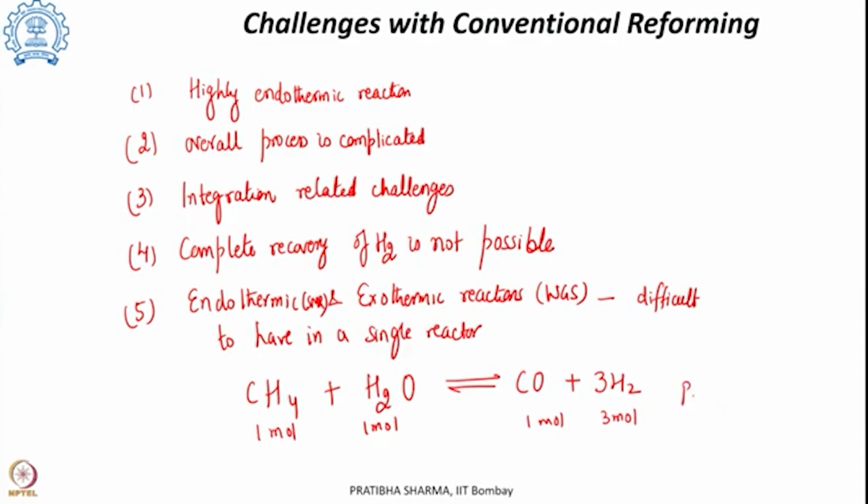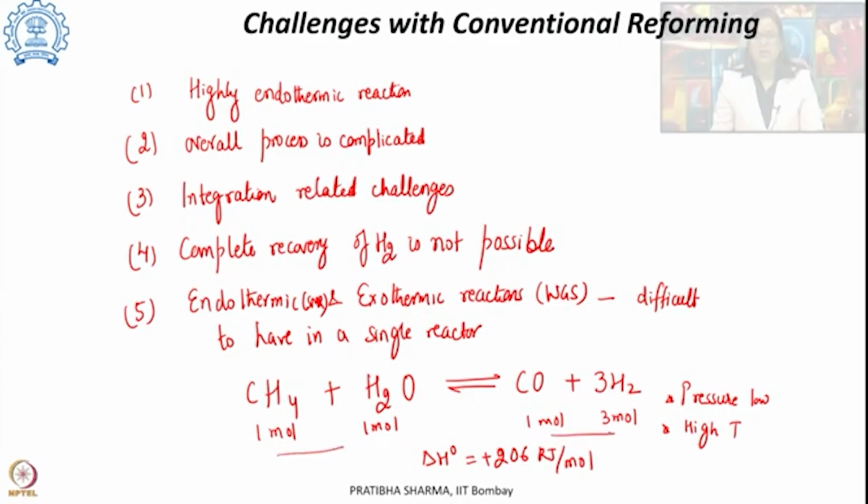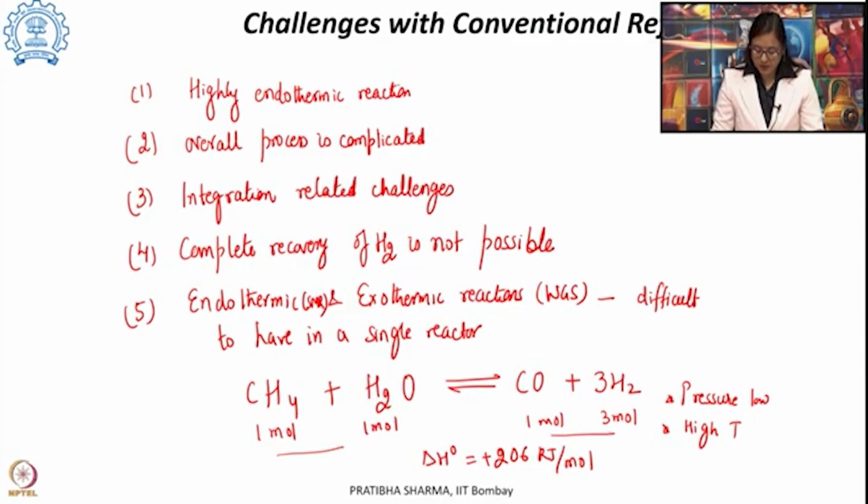So, the reaction is preferred at a lower pressure and higher temperature, because it is a highly endothermic reaction with the heat of reaction being 206 kilojoule per mole. But this increase in the number of moles limits the reaction by means of chemical equilibrium limitation.